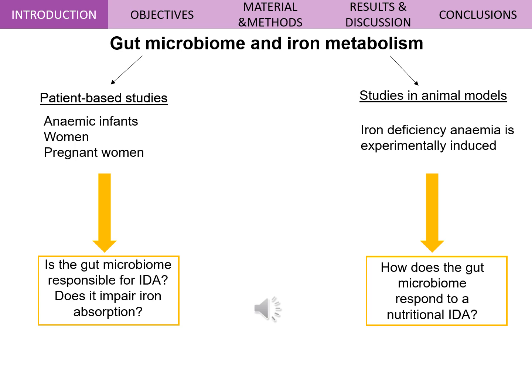Could the gut microbiome impair iron absorption and be responsible for IDA? The second approach is studies in animal models where iron deficiency anemia is experimentally induced. And these studies try to investigate the response of the gut microbiome to a nutritional or experimentally induced IDA.